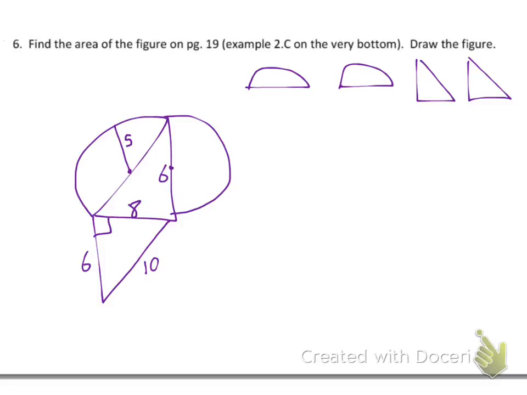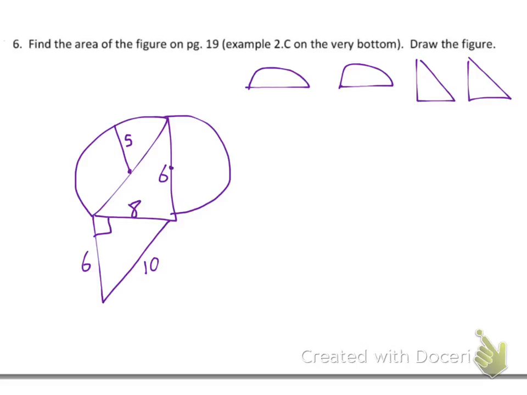Break it into manageable pieces. I think every one of us can find the area of a half of a circle and a triangle. And we should all know that if I take a step back, since it's made up of those pieces, I'm going to add them all together. So you step back, I need to find the area of different pieces and add them together. It gives me a total area.